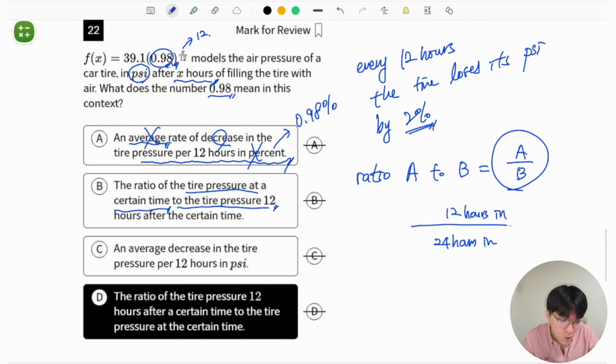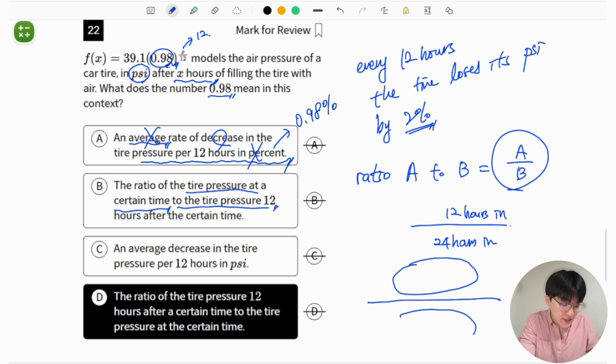Why? Well, we actually want to find, this 0.98 means the ratio of the tire pressure after 12 hours divided by the current time. That's what we want to figure out. Why? Let's just assume that the current time is right after we fill the tire with air. So that is going to be 1.